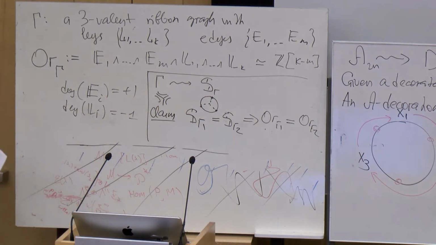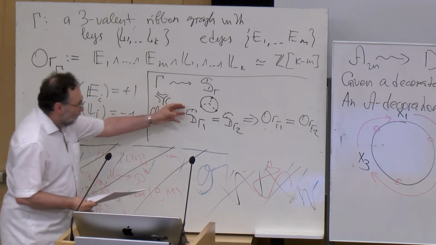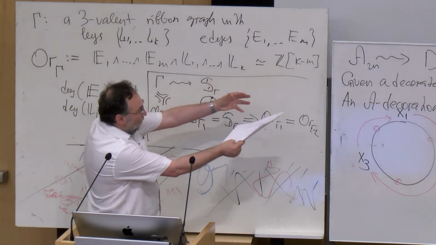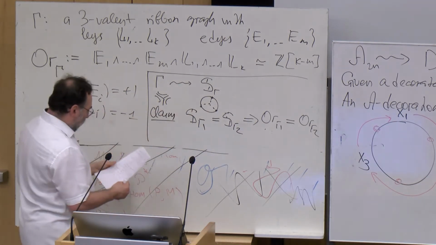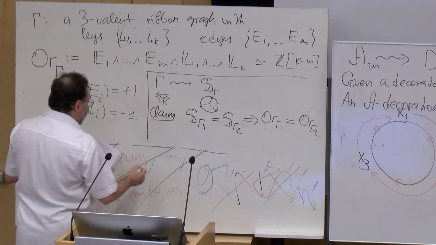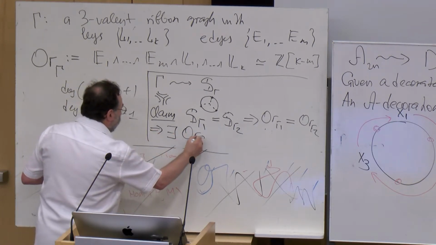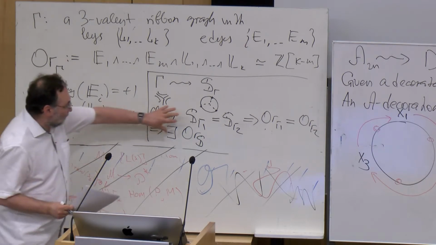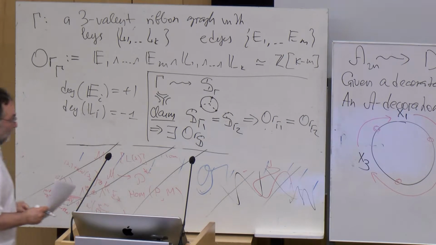So I wrote equal, but all this means that I can consider any trivalent graph which gives the surface, take the orientation torsor of it, and declare it to be the orientation torsor of my surface. So it follows from this that there exists this torsor I'm talking about, and it can be understood as the orientation torsor of any trivalent graph related to this picture.